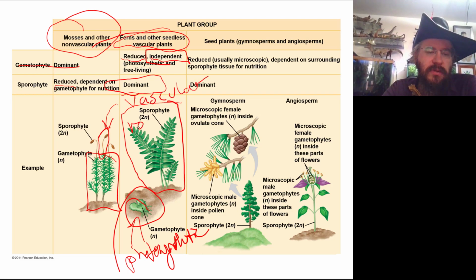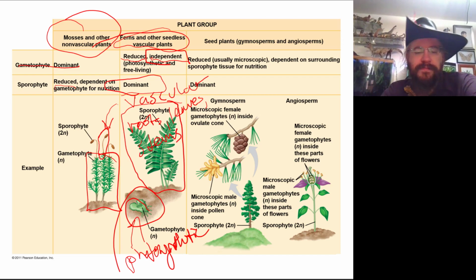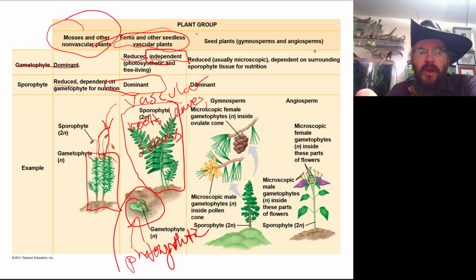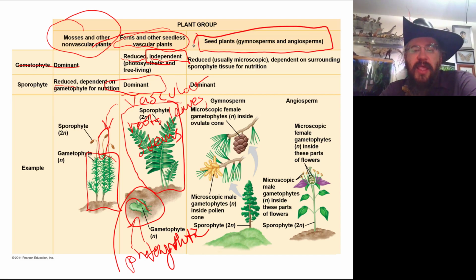Being roots, leaves, stems, that sort of stuff. So none of that is present in gametophytes. All right, and now for the group that we are going to be talking about today, the seed plants, the gymnosperms and the angiosperms.